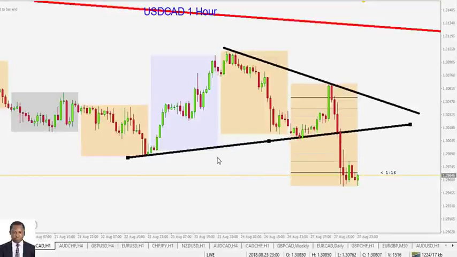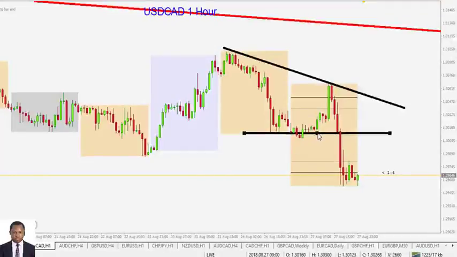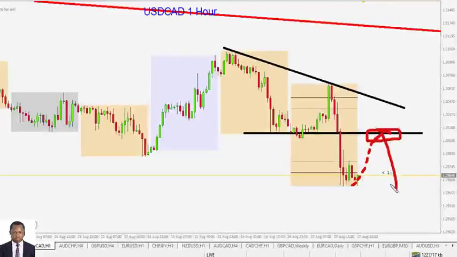Aside from this triangle formation, we also have this level here as former support. So if price makes a pullback to that area, it will be a nice place to look for short opportunities, trading the market flow strategy from the 1 hour time frame.